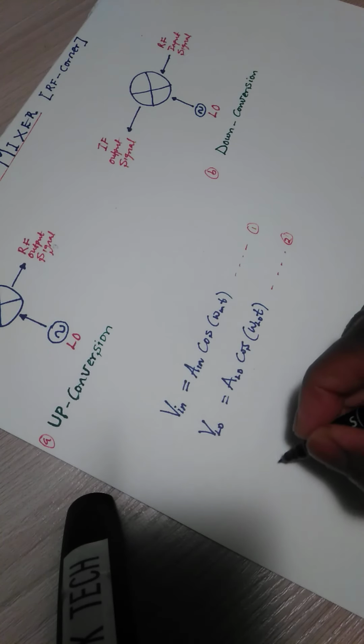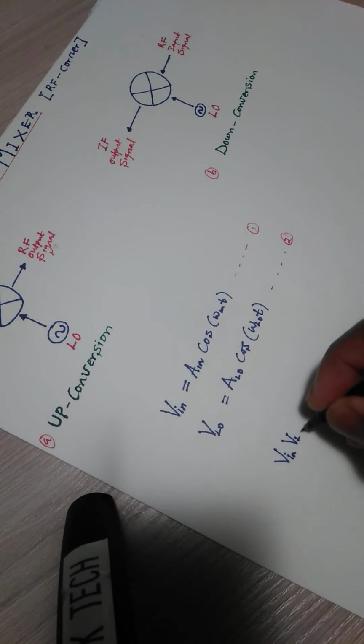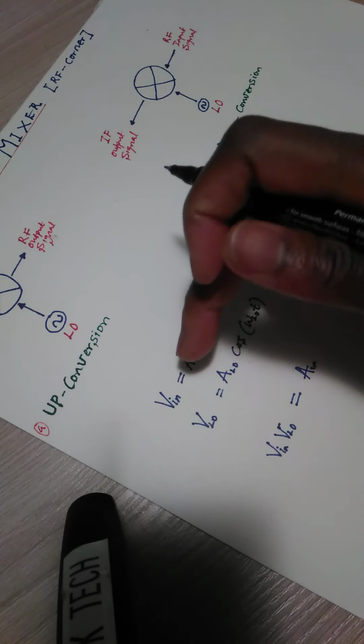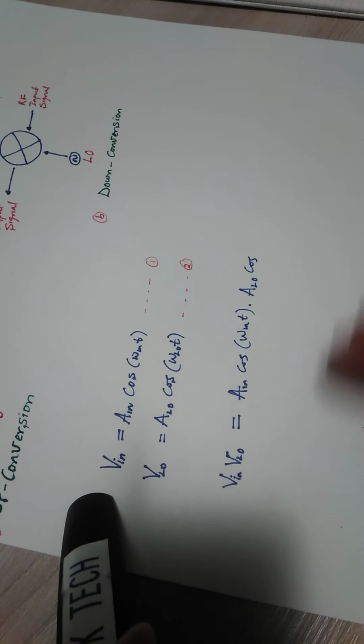We're going to have V in times V LO equal to A in, because we are going to have this one, cos omega in of t, multiplied by A LO cos. Let me position the camera so you can see what is going on clearly.